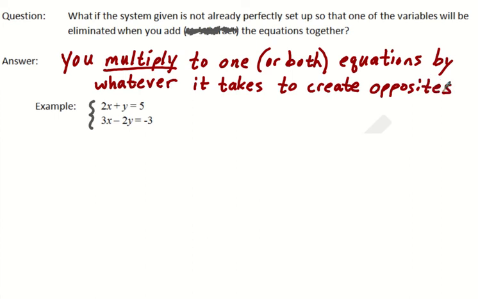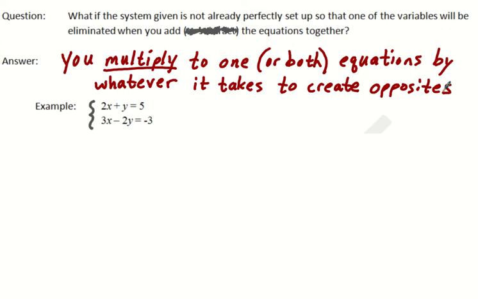So you're going to multiply whatever it takes, okay? You're going to multiply each equation or one of the equations by whatever is necessary in order to make the x's into opposites or the y's into opposites. For some reason I'm struggling choosing my words in the best manner. Hopefully you get what I'm saying here.